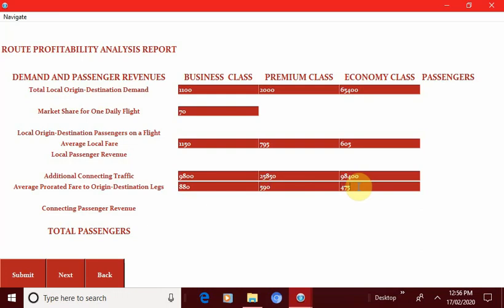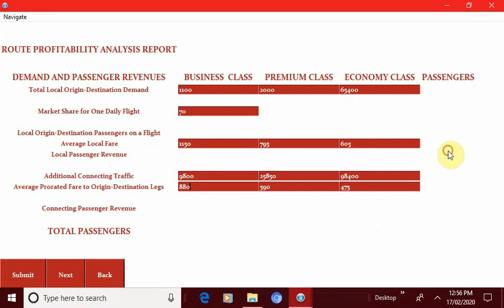So these are the figures input. Now when I click the submit button, total passengers for business class, premium class and economy class will be calculated. The connecting passengers revenue, that is the additional revenues, will be calculated here, and the local passenger revenue will be calculated here.